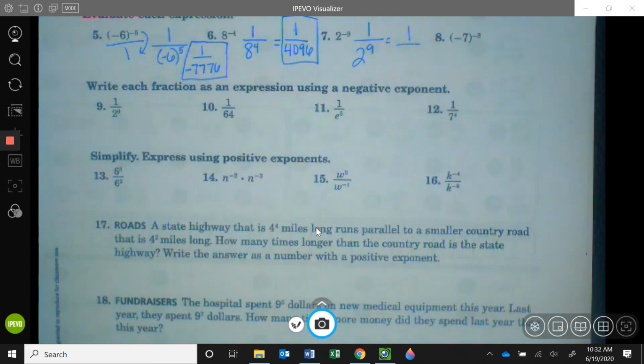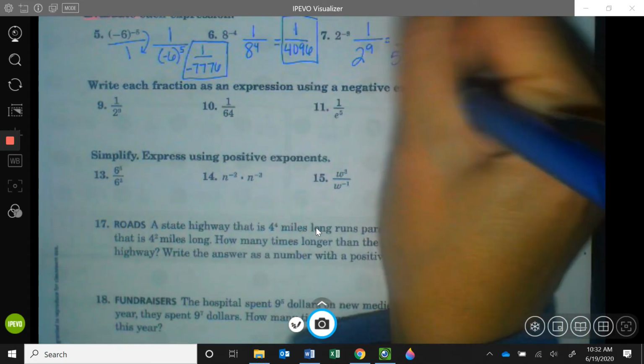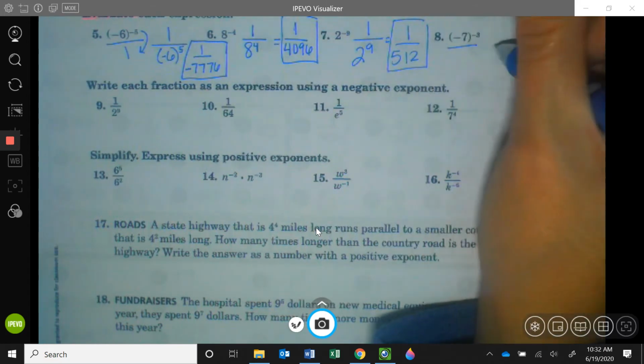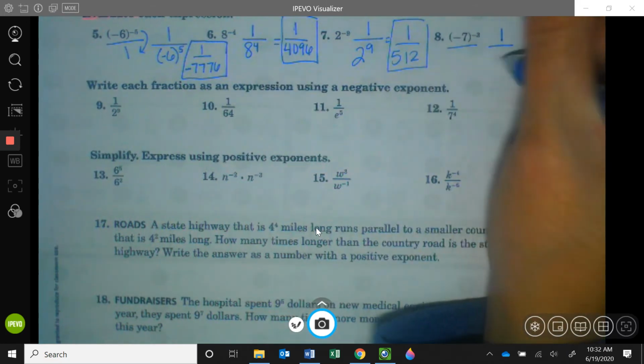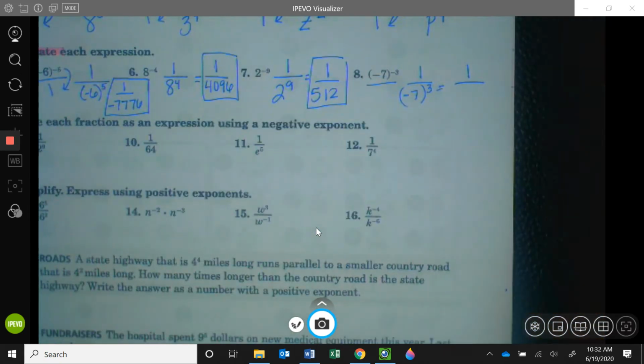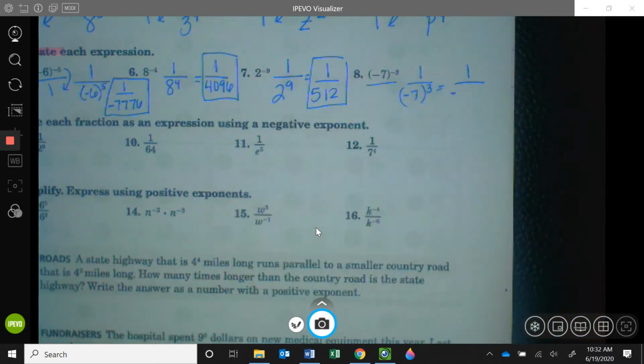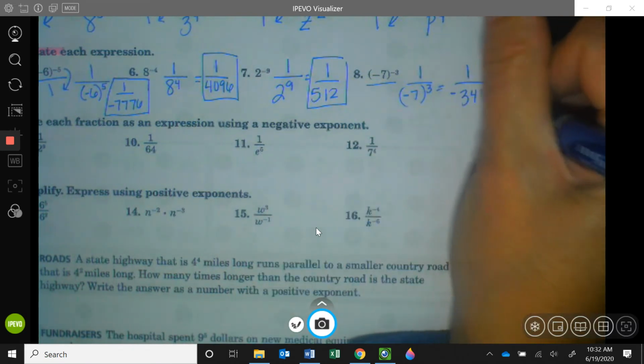So 2 to the 9th is 512. And here we get 1 over negative 7 to the 3rd power. So again, because the 3 is odd, my answer is going to stay negative, and 7 to the 3rd power is 343.